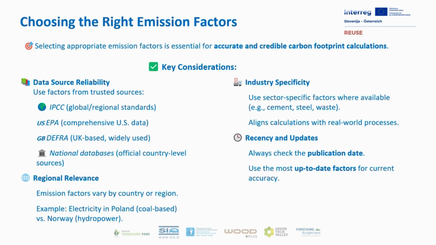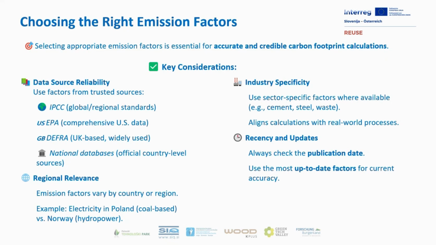Some of the most commonly used are the Intergovernmental Panel on Climate Change, or IPCC, which provides global and regional emission factors; the EPA, which offers detailed factors for different fuels and industrial processes; and DEFRA, which is especially well known for emission factors related to fuel combustion and waste.